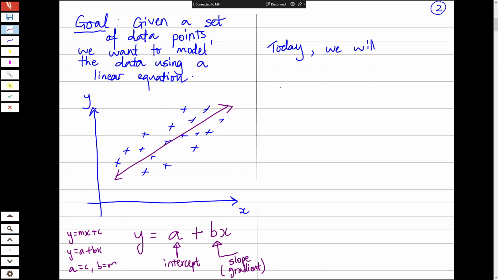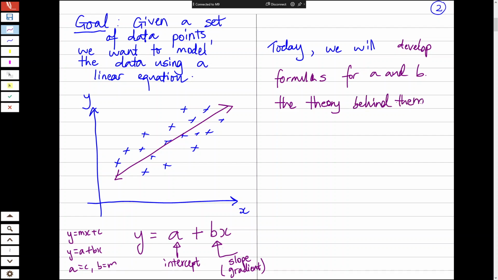So today, I'm going to give you a formula for a and b and the theory behind them. And we will also get these using CAS.